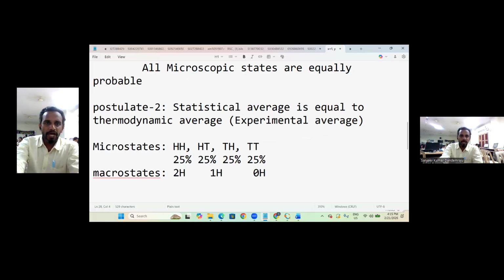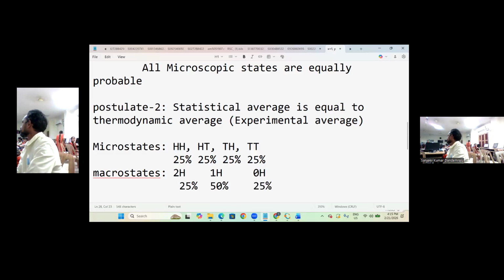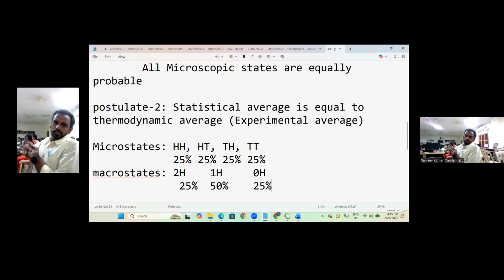So the macrostate probabilities: it is 25%. Since the other one got two contributions, it will be 50%. This is 25%. Okay, so that is why we got 25%, 50%, and 25% as the final outcome.